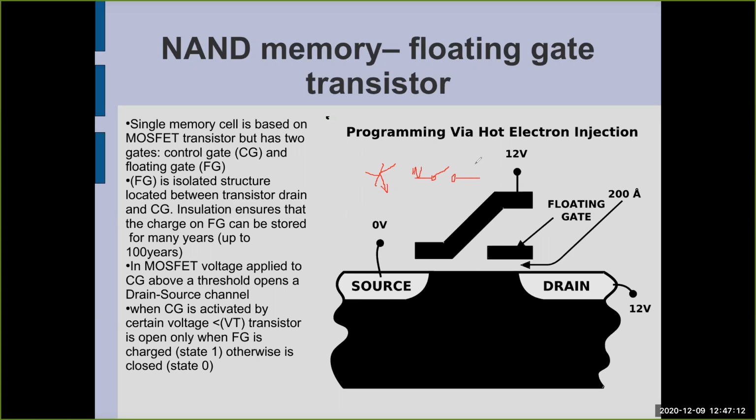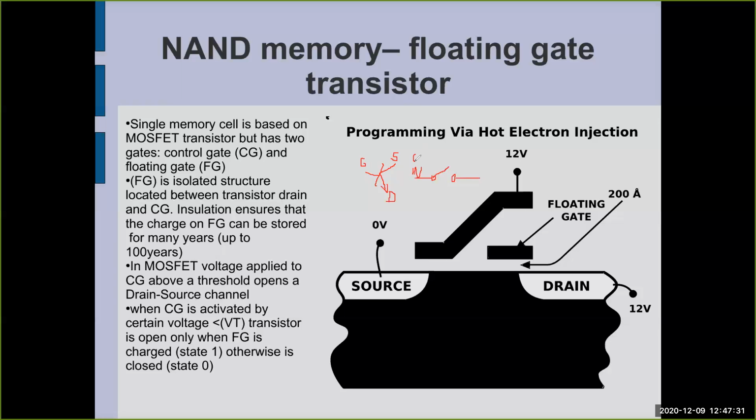So I have in and I have out. Here I have something which is called source, here something which is called drain, and here something which is called gate.